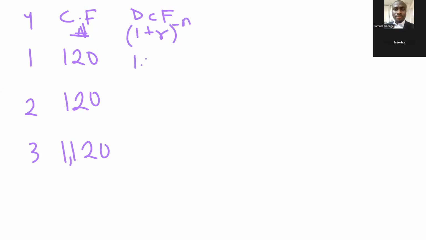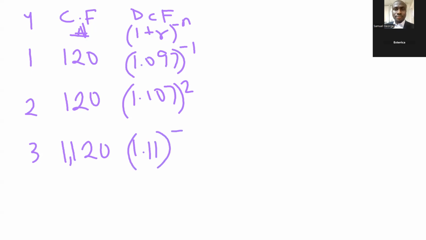In year 1, we have 1.097 raised to power minus 1, 1.107 raised to power minus 2, 1.11 raised to power minus 3. Year 2 will be minus 2.